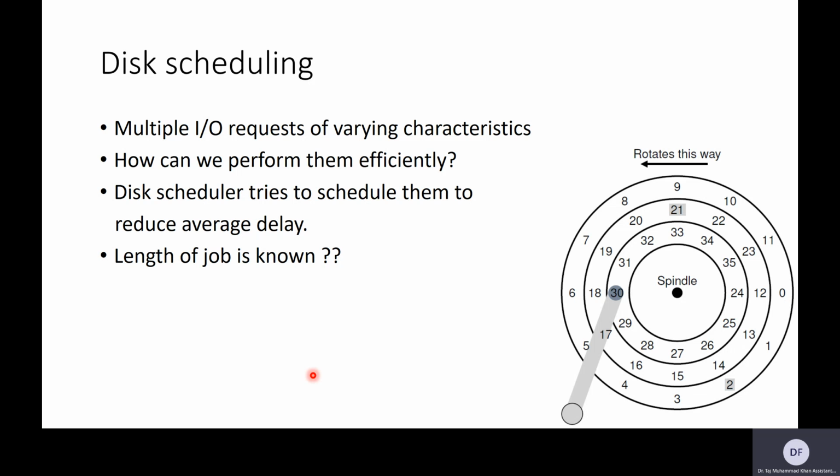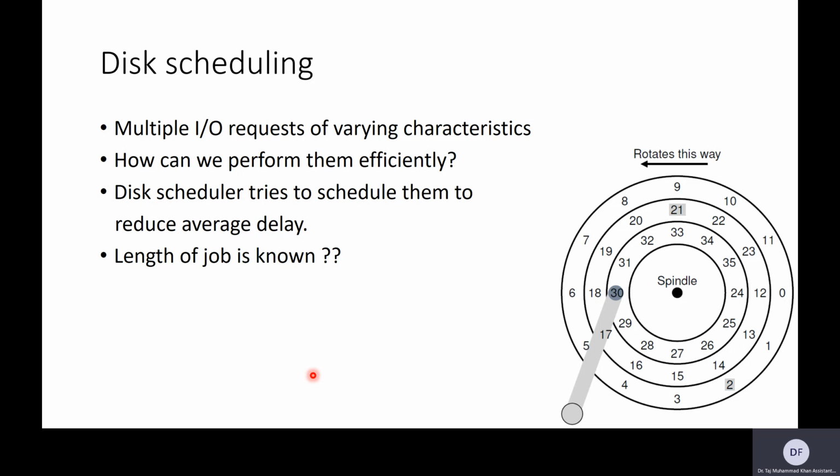So the hard disk may receive multiple read and write requests to different sectors concurrently. Just like the operating system has to do scheduling of the processes, similarly the hard disk can do scheduling of all these I/O requests, so that on average we have optimal performance.